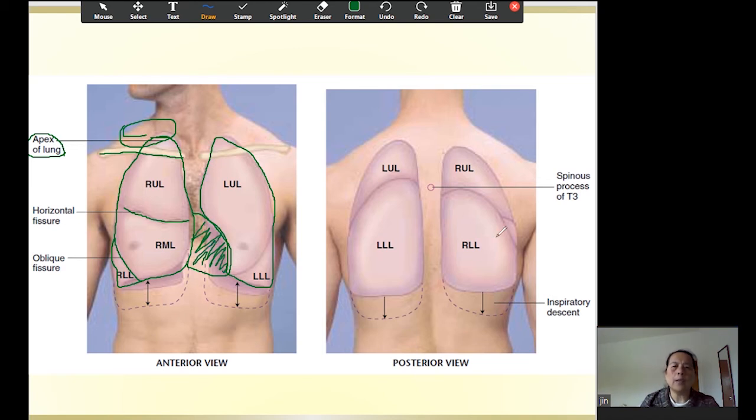Posteriorly, we're looking at the lung, pretty similar. Even though the right lung has 3 lobes, from the posterior you can see just a small part of the middle lobe. Basically, the other 2 parts are pretty similar. And the lungs move following respiration. When we inhale, the lung gets bigger. When we exhale, the lung gets smaller.